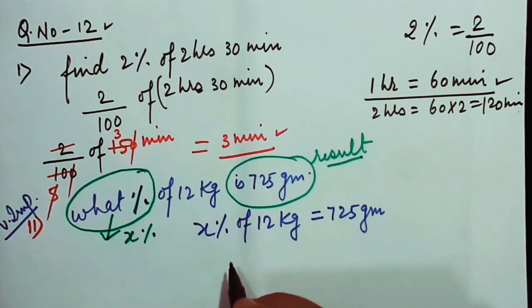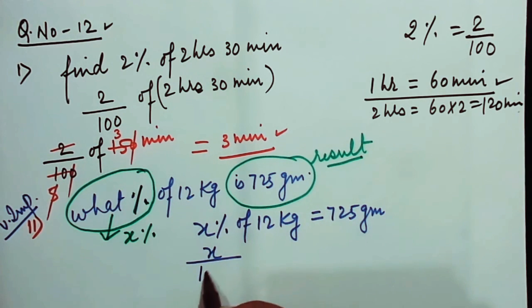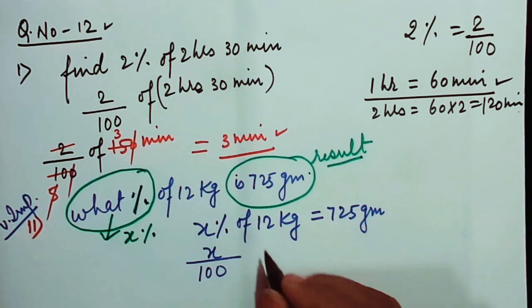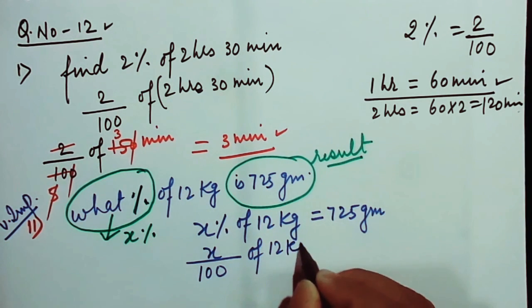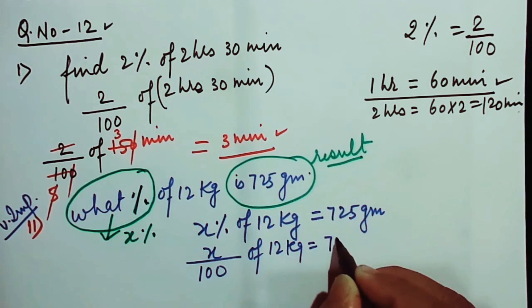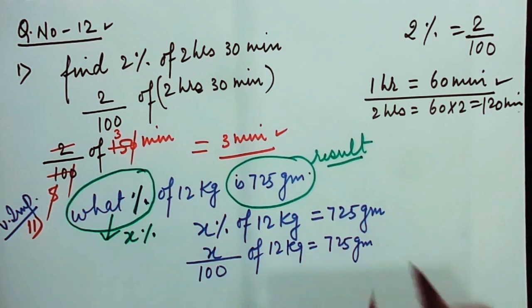Now I am able to do it. I will be able to do it. So X percent means what? So X percent means X by 100 of 12 kg will be equal to 725 gram.